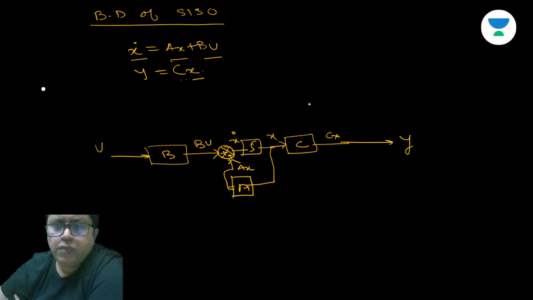So this is the way I can find out the block diagram. So I will consider a switch mode power supply circuit, in which I will take an input plus minus VD.